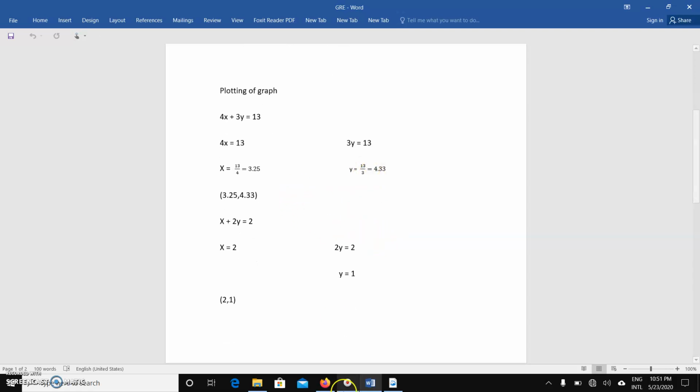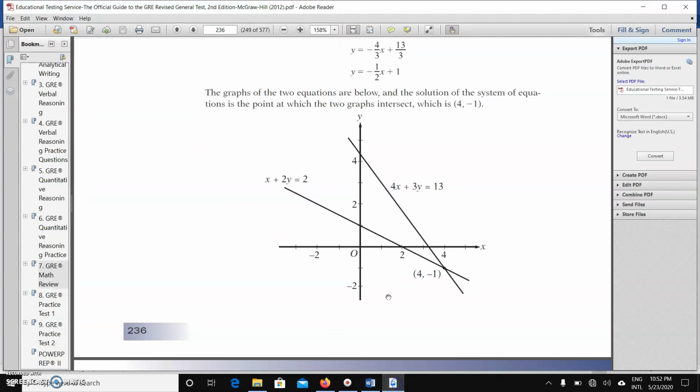Now you can plot that on the graph. So x equals 3.25, y equals 4.33. So let's check the graph. 3.25, so this is the first equation. So x, this is 3, so if we go 3.25 will be around here. Well, let's just say 3.3 around here.